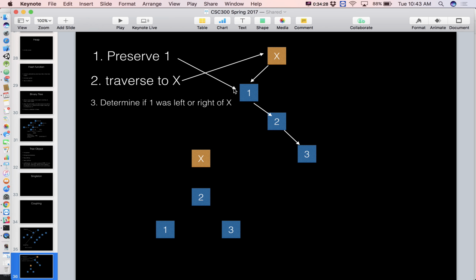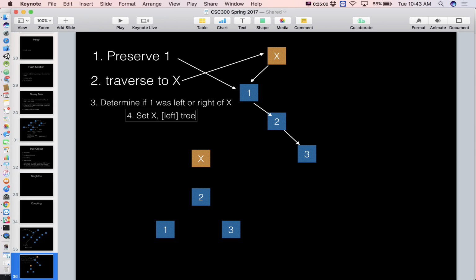Okay. So in this case, by the way I've drawn it, we'll assume it's left. Okay, so step four: set X left. I'll just put it like that since that was a decision we made from step 3.